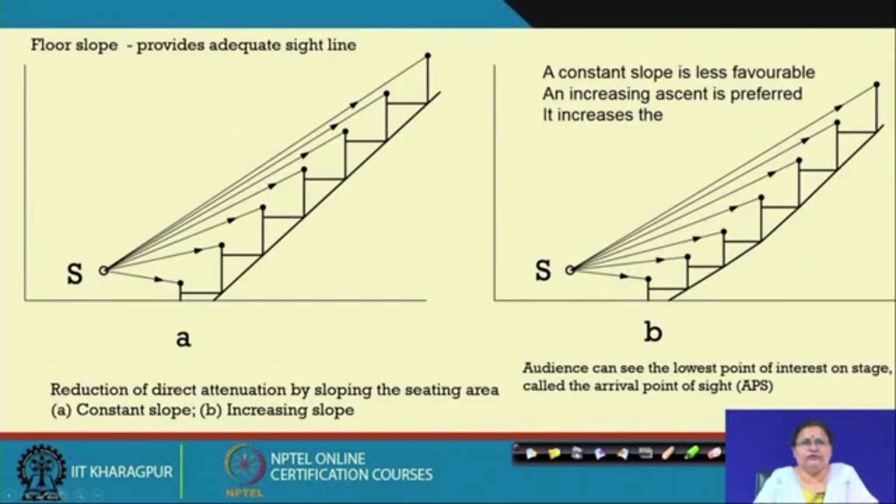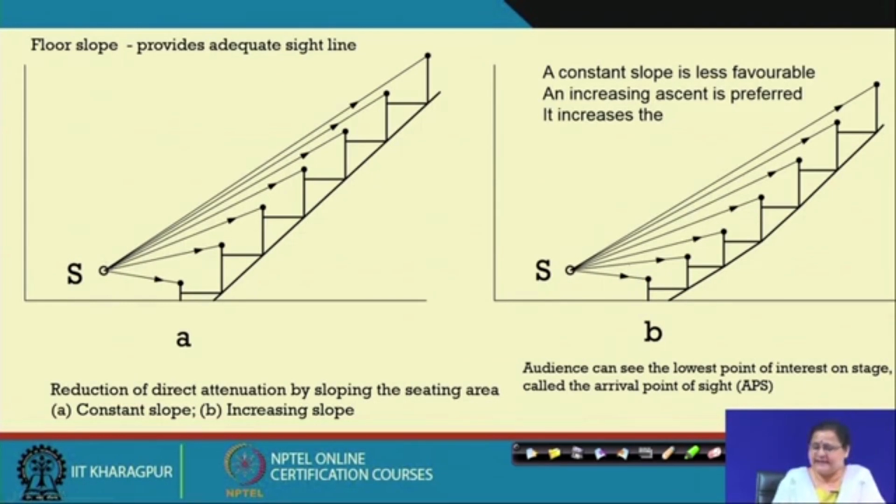Now, coming to the floor slope, we had talked about it while we were talking of stage. Now, if you have regular floor slope, the first, that is the A, which is showing, that is a constant slope, you can see the distance is gradually diminishing towards the source, where here it is little raised.